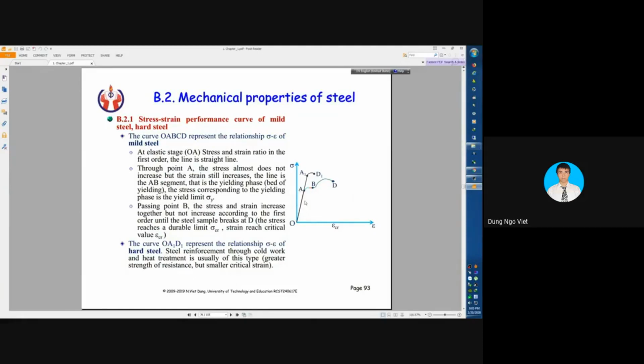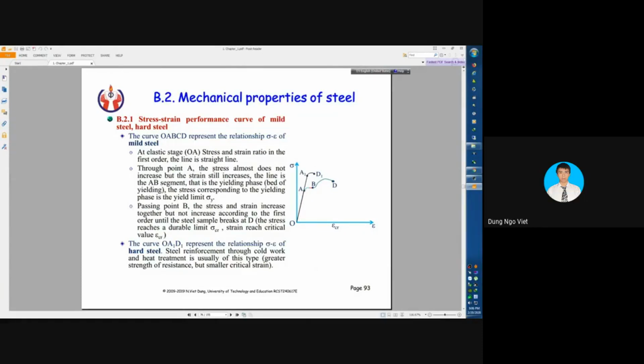OA is the elastic stage of the steel. You can see here it is a straight, linear line. The stress and strain ratio is in the first order, so the relationship between stress and strain in the elastic stage is linear.